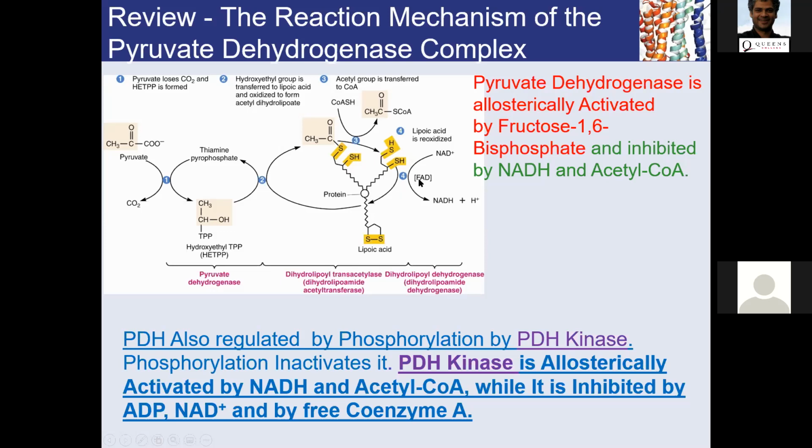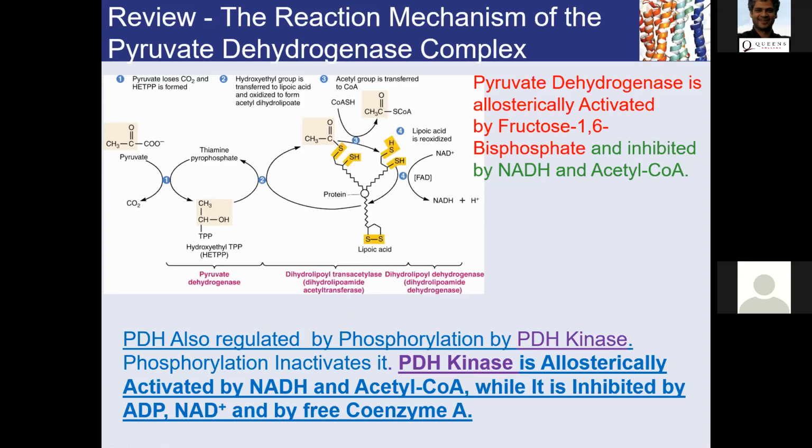And so FAD will get itself reduced to FADH2. And the third enzyme also does another reaction where it will oxidize FADH2 back to FAD using the NAD plus system. Okay, so this cycle can continue. You have continuous supply of FAD, so that cycle runs.